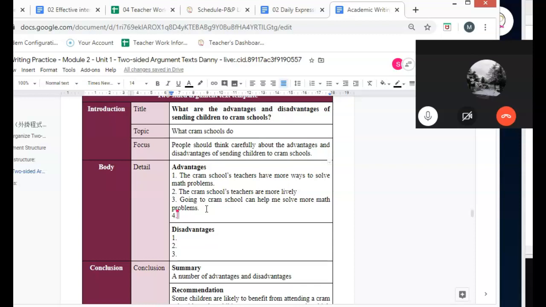Yes. Okay, so what did you improve by going to cram school? Can you now solve fast? Can you do it more quickly than before?